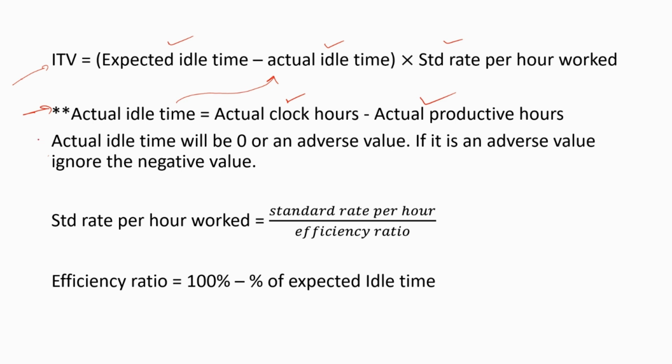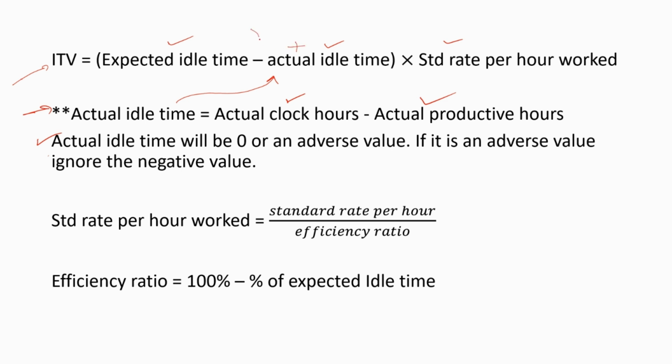Now this is very important. Actual idle time will be 0 or a negative value. If it is an adverse value, ignore the negative sign and use the positive value here.